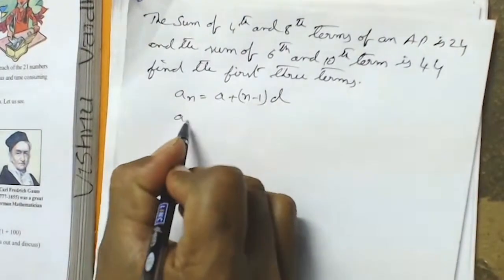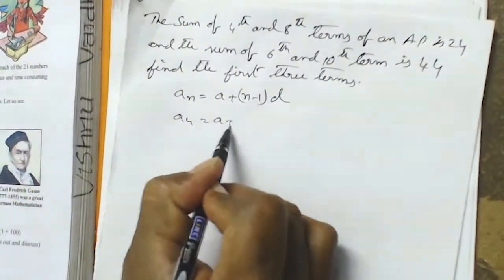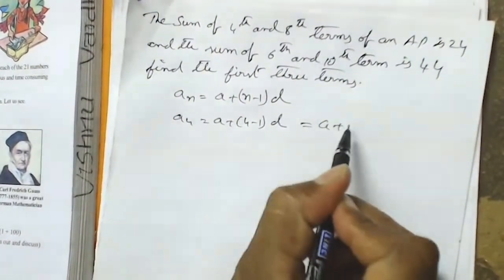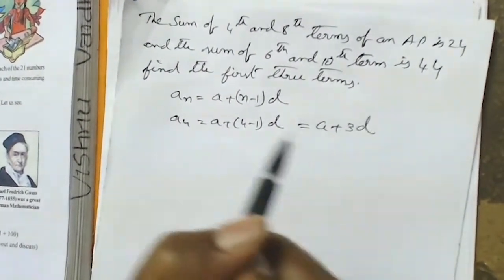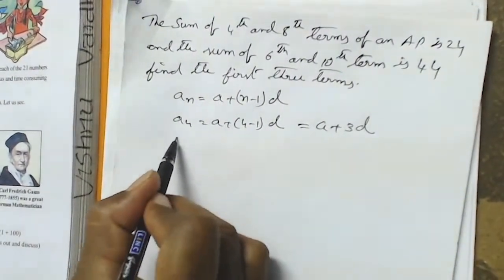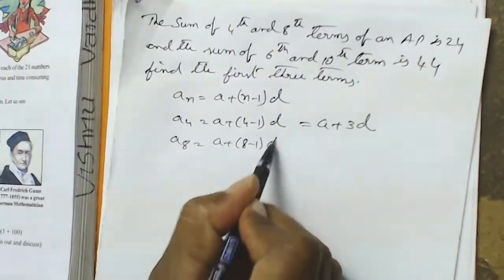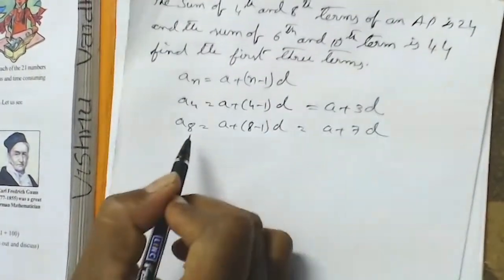Now I want to write A4. In place of N, 4 is there. A plus 4 minus 1 into D, you can simplify and write it as A plus 3D. A8: A plus 8 minus 1 into D, which is A plus 7D.